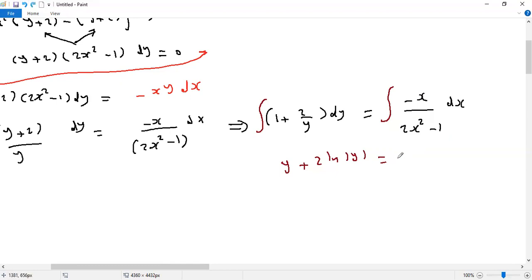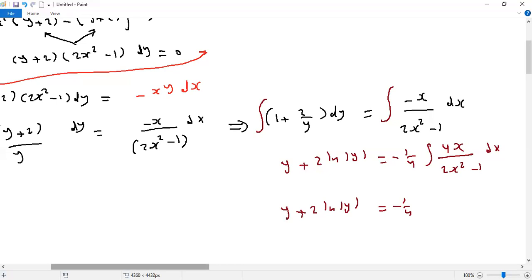Take this negative out, divide by 4, and multiply this x by 4. So it is the same: we have minus x, with the 4 out, over 2x squared minus 1 dx. Now this is equal to negative 1 over 4, and the left side is the same, y plus 2 ln absolute value of y.